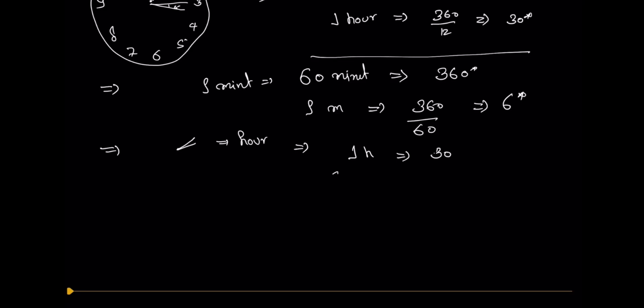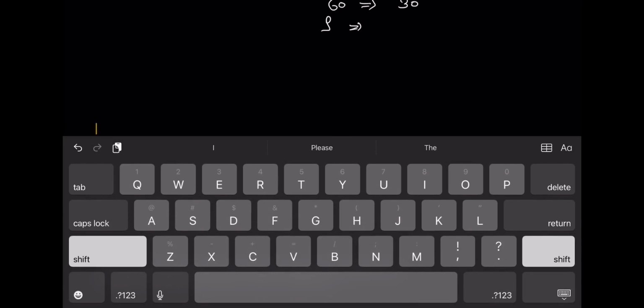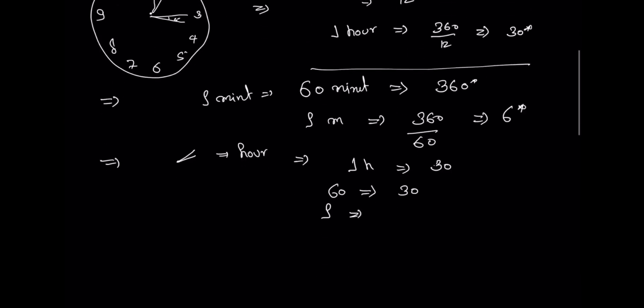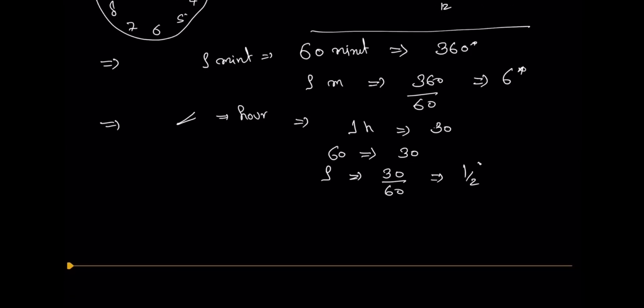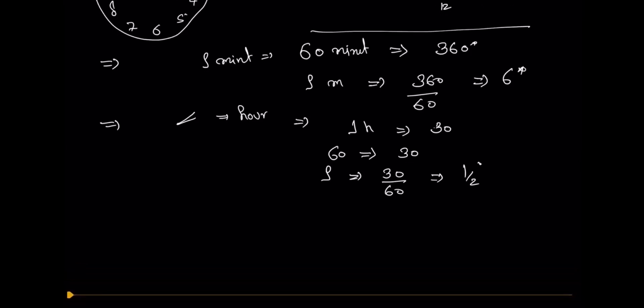An hour has 60 minutes in it, so 30 degrees. So in 1 minute, our hour needle will move 30 divided by 60, that is 1 by 2 degree. You can also verify that, because in 60 minutes the hour needle will move 60 into 1 by 2, that is 30 degrees. That is what we already proved.